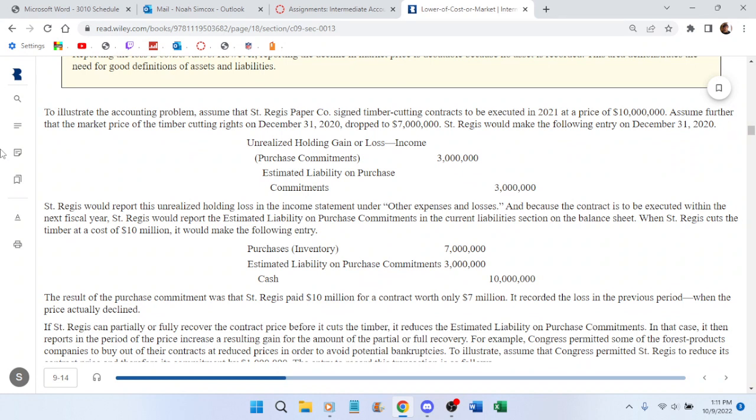Loss of $3 million. Estimated liability on purchase commitments, $3 million. Good job. Next fiscal year. Current liability.